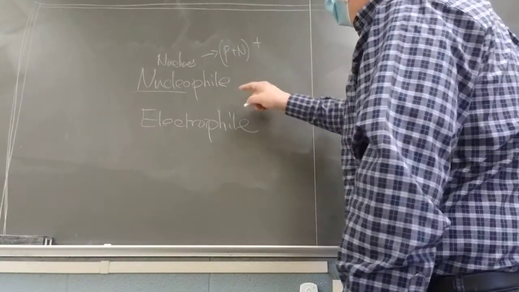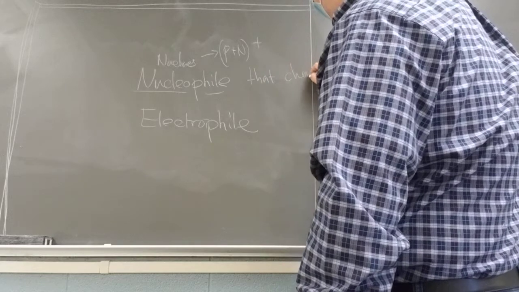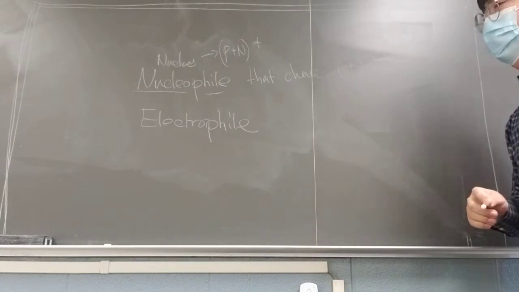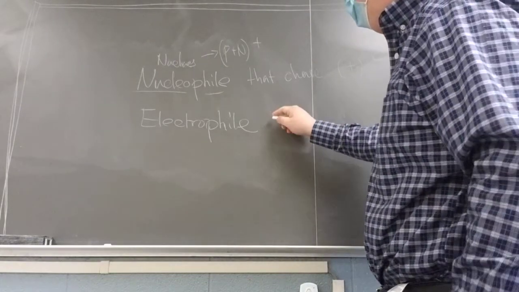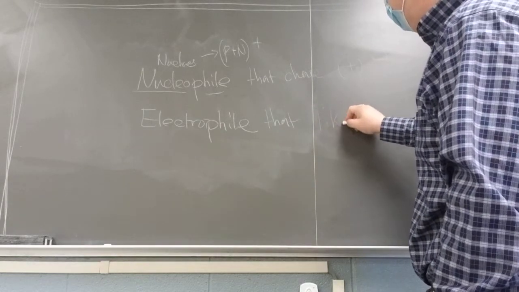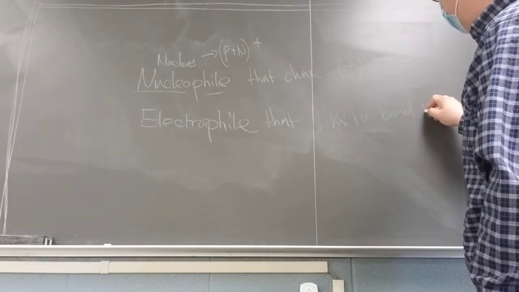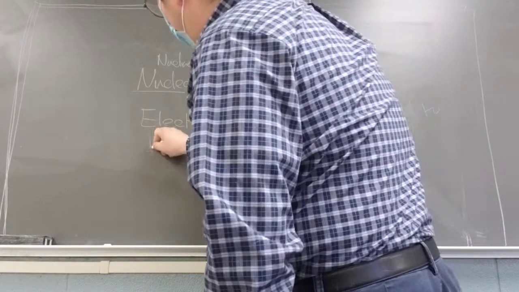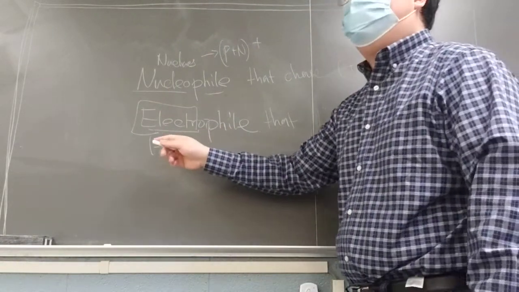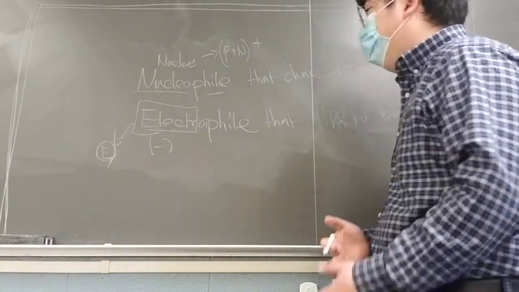So the nucleophile is the one that chases something positive, and that likes to bond to something that is negative, because it's electron-rich, most likely electron, or something negative.